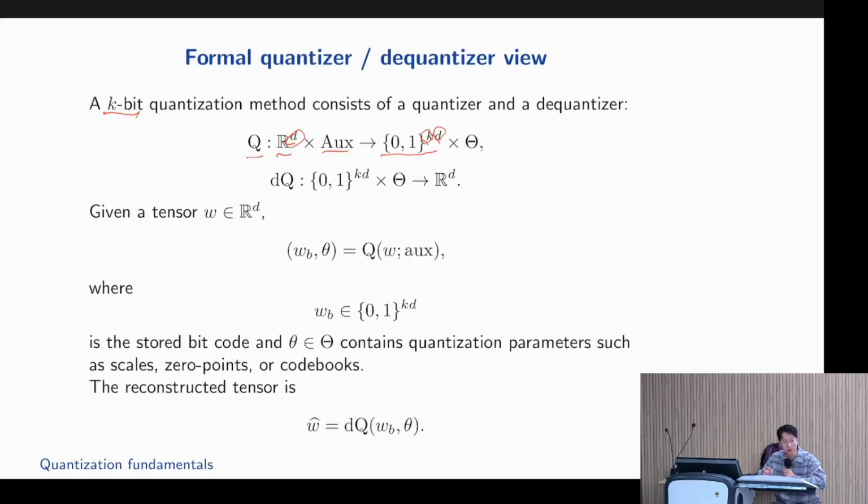So we have a k times d binary vector, and some parameters. This data stores some quantization parameters, such as scale, bias, or codebooks. We're going to talk about this later. And this function dq is the dequantizer, where it takes the binary representation and these auxiliary parameters and tries to reconstruct the original input.